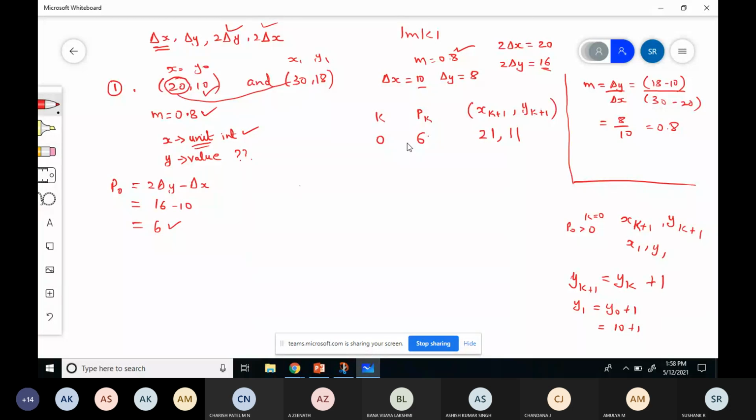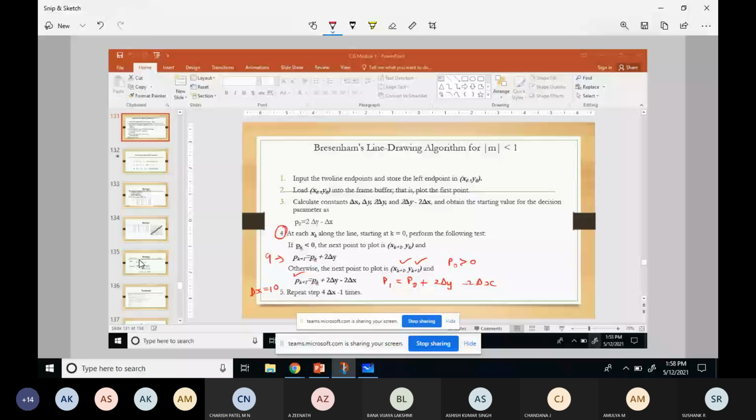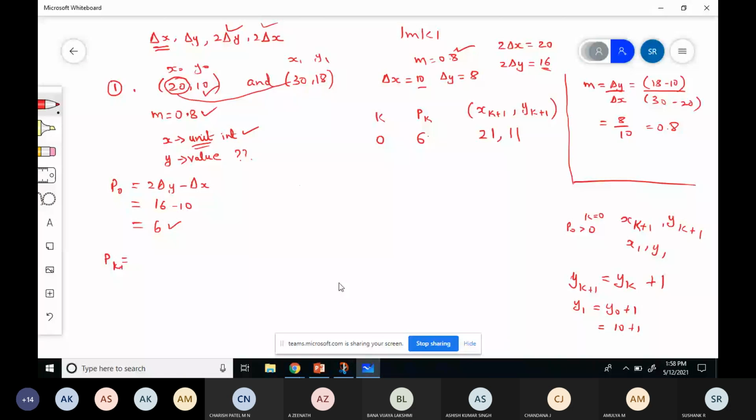After this you need to calculate p1. What is the formula to calculate p1? p of k plus 1 is equal to pk plus 2 times delta y minus 2 times delta x. If I put k as 0, I'll get p1.